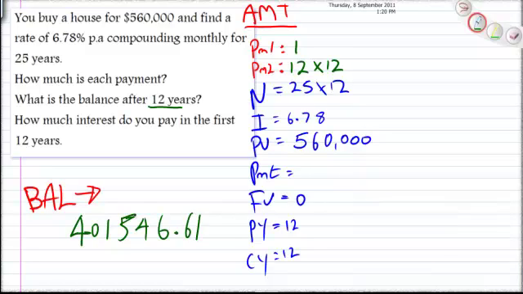This is about halfway through the loan, and we've only paid off $100,000. You would have thought that if the house is $560,000 and you've been paying all this money off, you'd be getting a lot further than that.